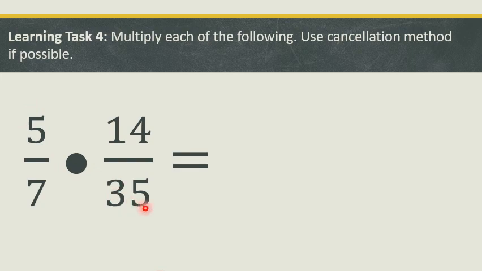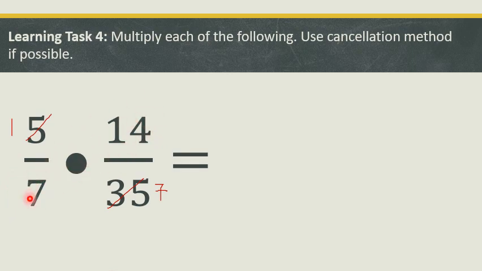So, ang 5 at 35 po ba may common factor? Okay, so pwede silang i-divide pareho sa 5. So, ang 5 divided by 5 is 1. 35 divided by 5 is 7. How about yung 7 and 14? May common factor po ba siya? Opo, mayroon siyang common factor.